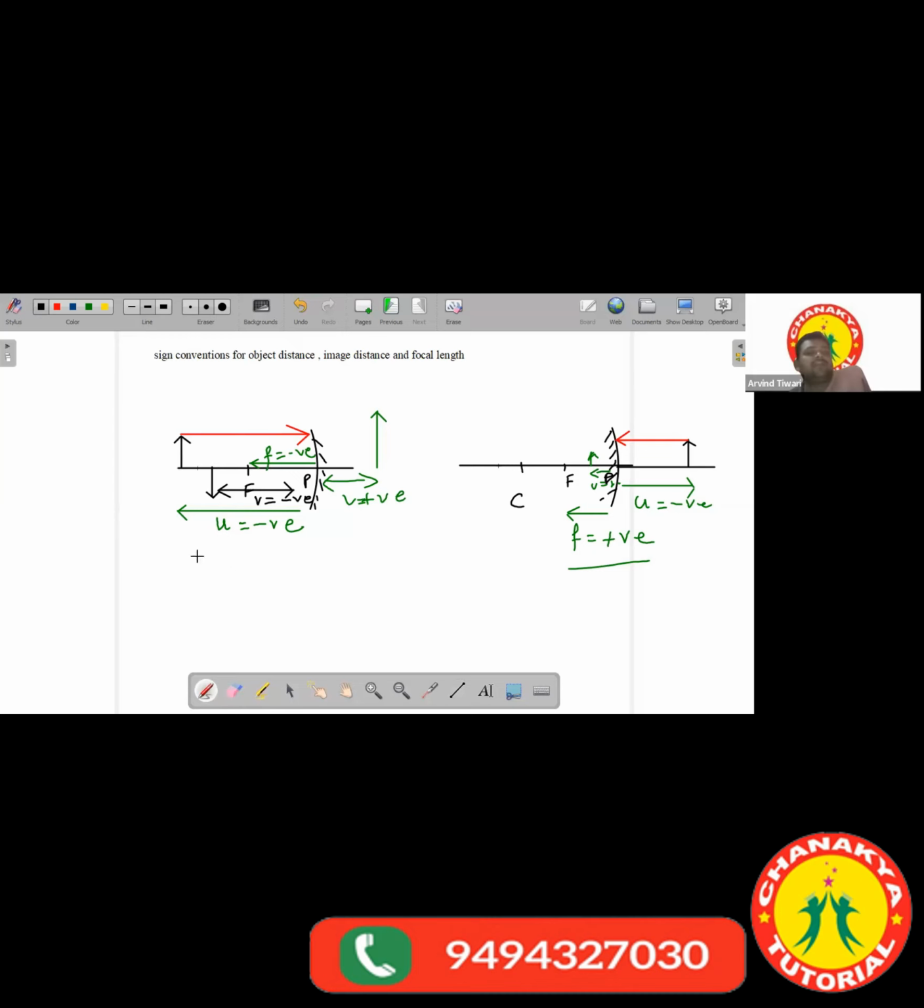Now you are getting confused because I have drawn the mirror like this. Let's draw the mirror in another way, then none of you will have any doubts.